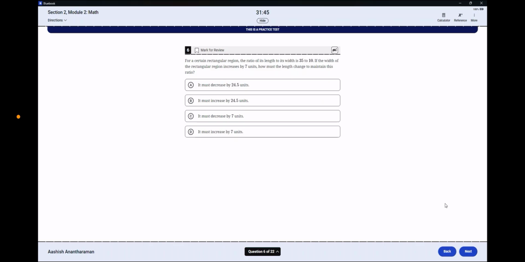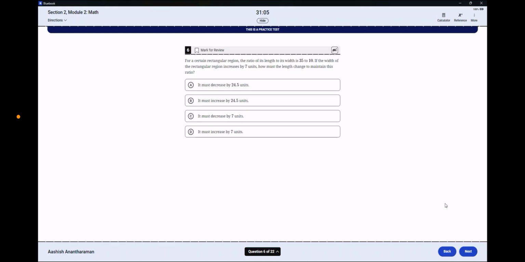The ratio of length to width is 35 to 10. So if the width increases by 7, how much does the length have to increase? The length is 35 and the width is 10. Let's just say those are the length and width, because that's a ratio, right? If the width increases by 7, the length also has to increase.